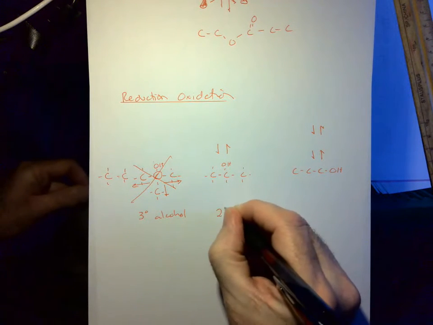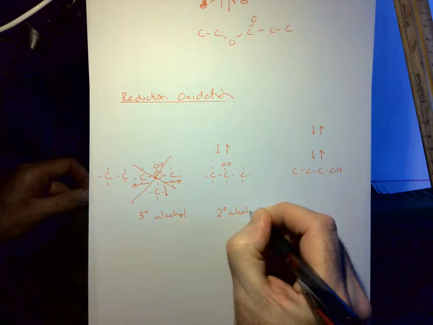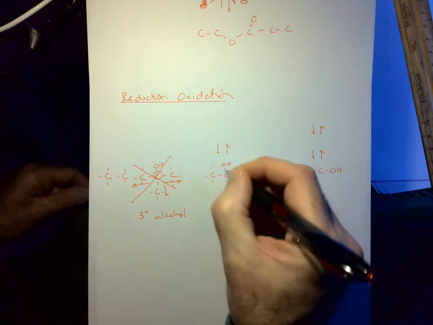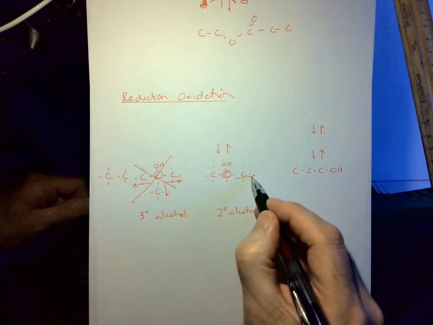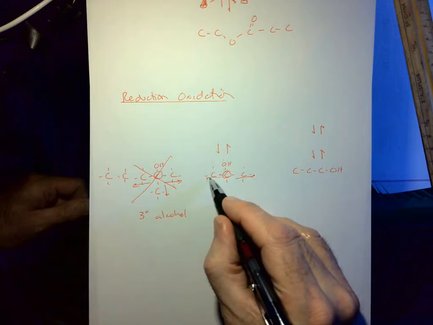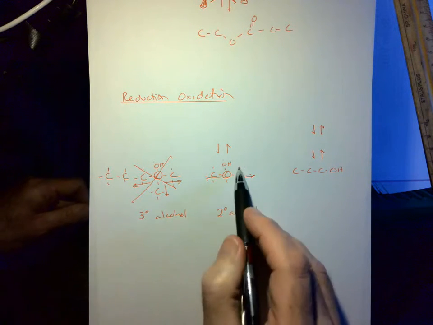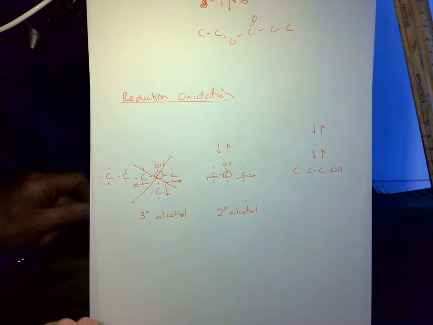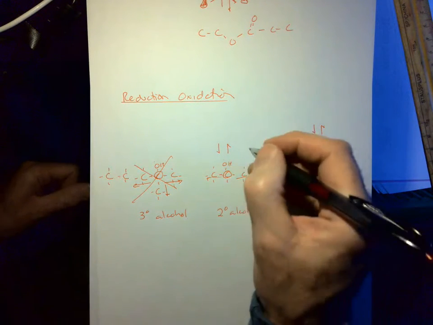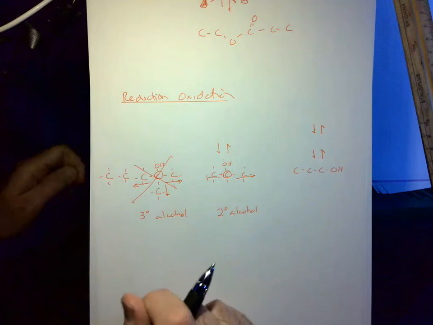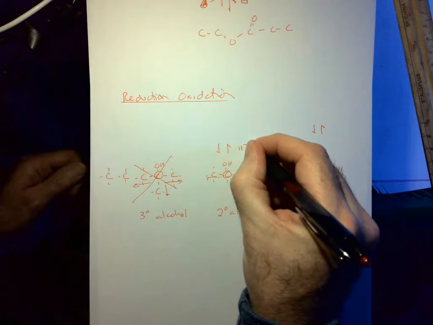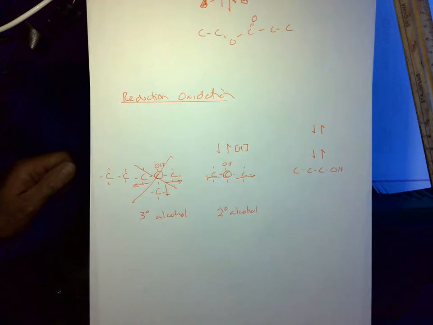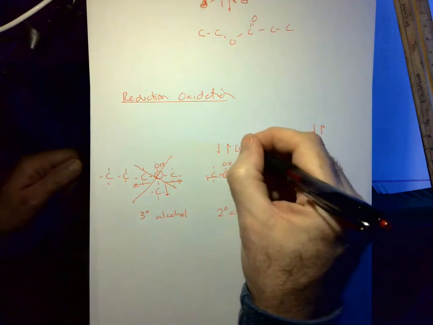This is a secondary alcohol. In other words, circle the carbon that's attached to the OH and there are 2 chains coming off of it. Doesn't matter how long these chains are, I've just drawn them 1 in length. If you put this one through a reduction reaction, reduction means to add, we're going to oxidize.